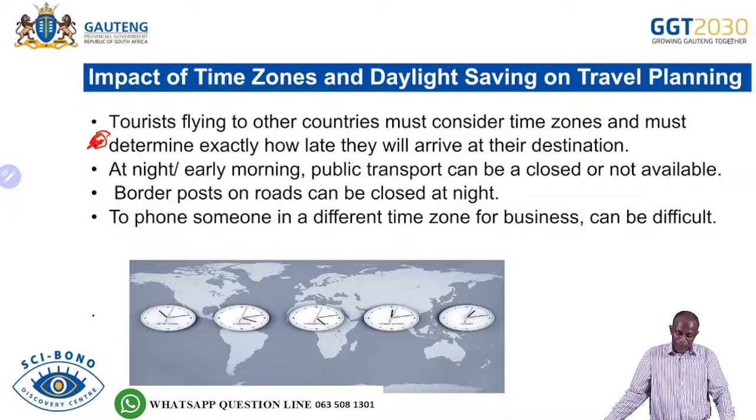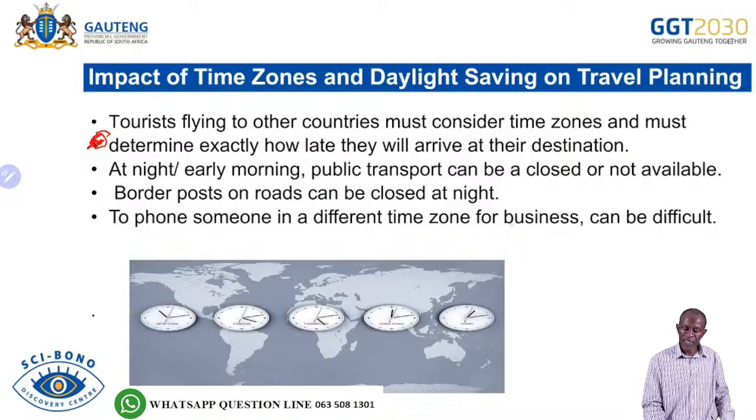After I've reached the airport of my destination, how do I get to the hotel? Is it early in the day? Is it late at night? And what arrangement should I make? The third impact of time zones and daylight saving is that border posts on roads can be closed at night.